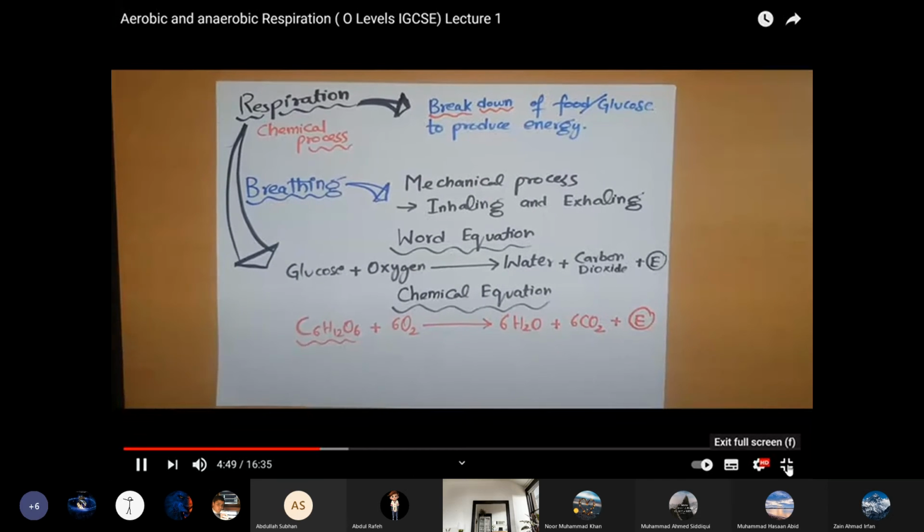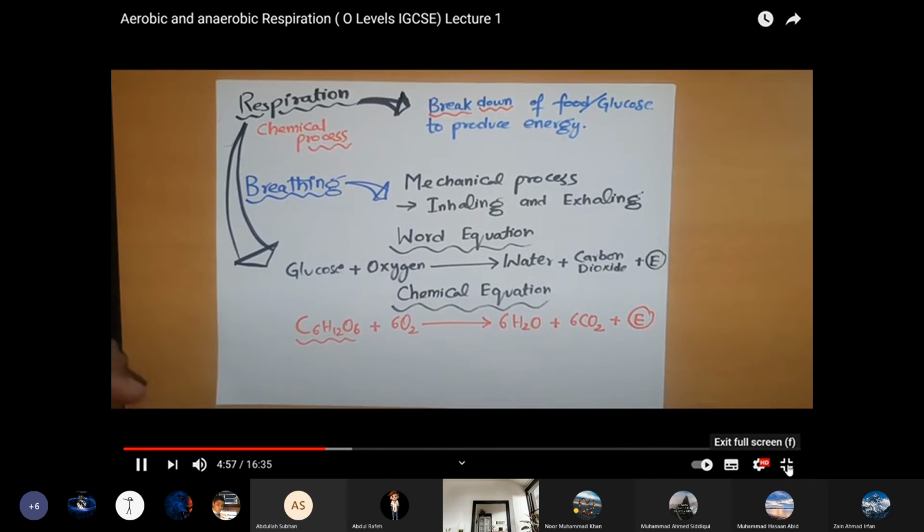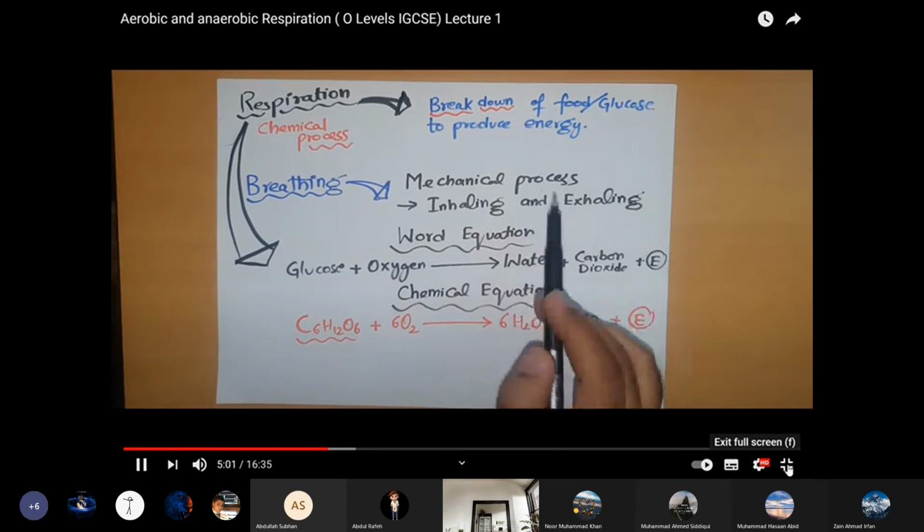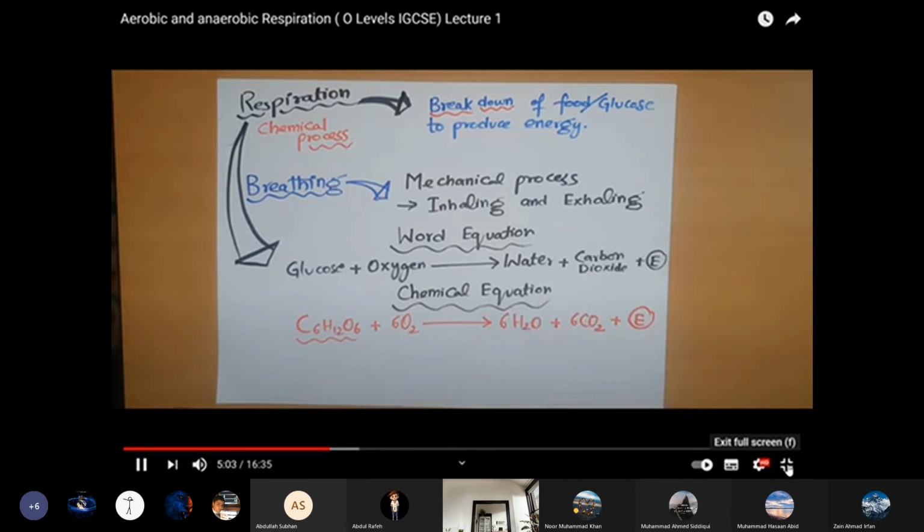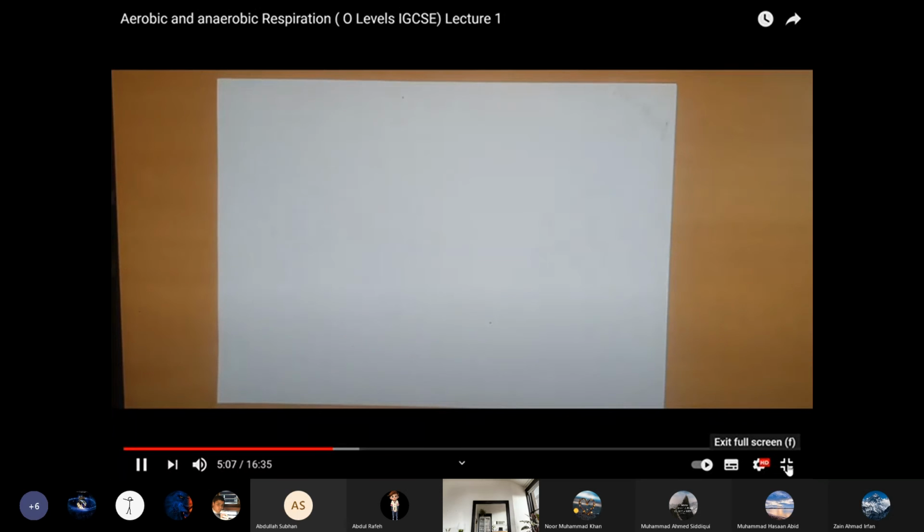Again, in this equation, the E stands for energy which is produced during this chemical process. So this is the general idea about respiration, that it is the breakdown of food or glucose to produce energy.